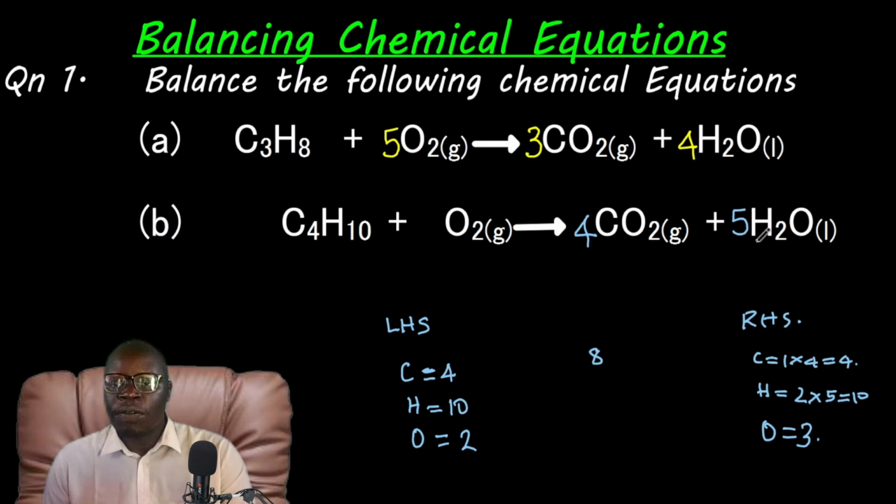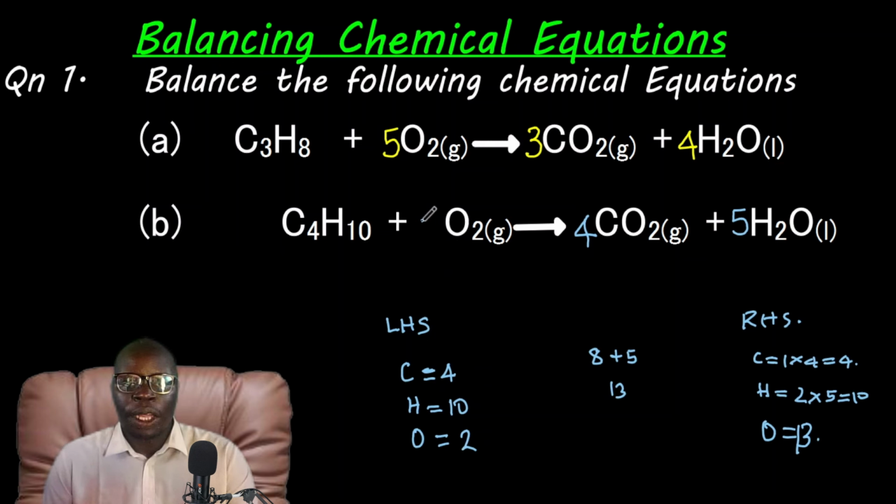And from water, 5 times 1, making 5. If we add these 5 and 8, we get 13. So on the right-hand side we have 13, but on the left-hand side we have oxygen only 2. So how do we get 13 here? To get 13, we need a fraction.